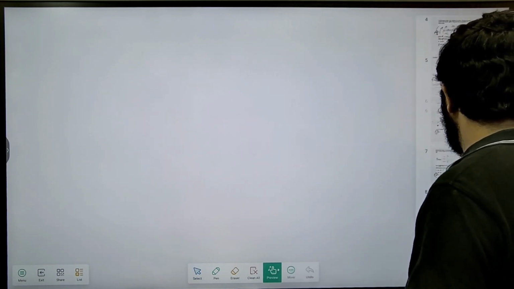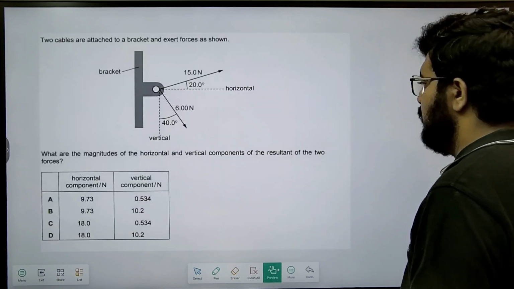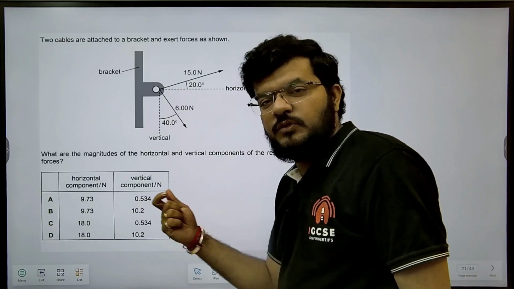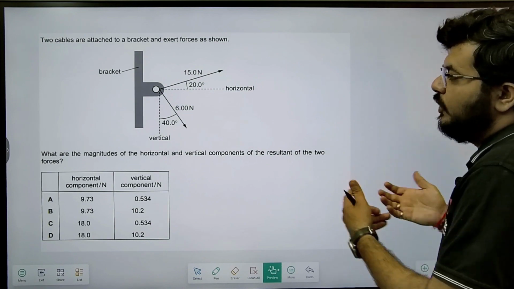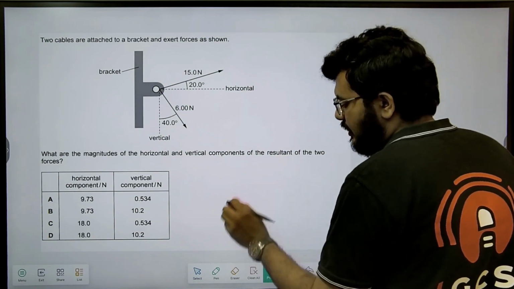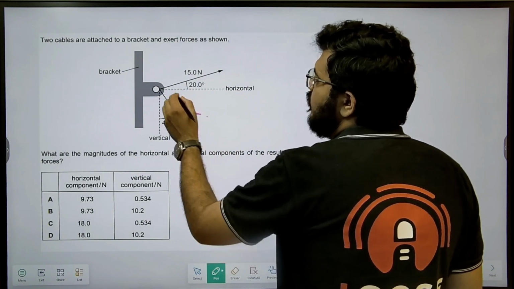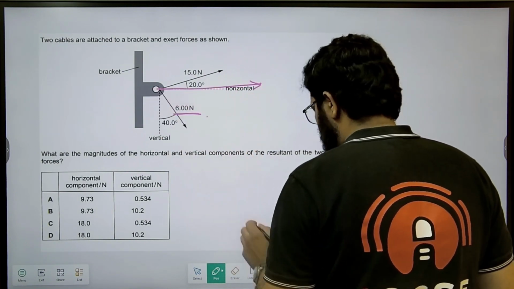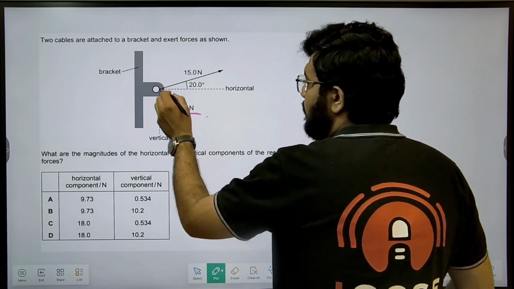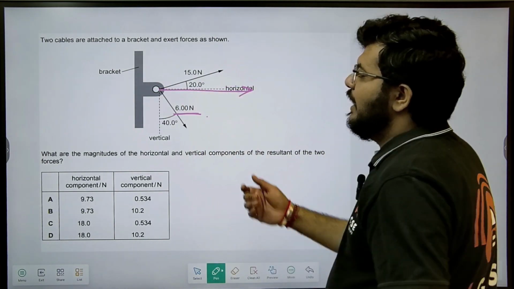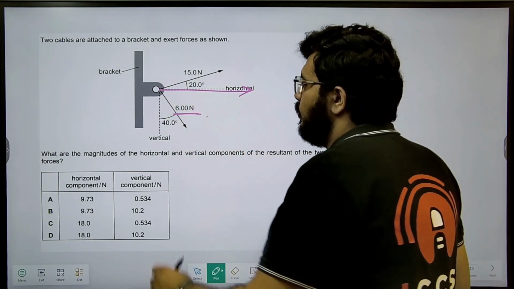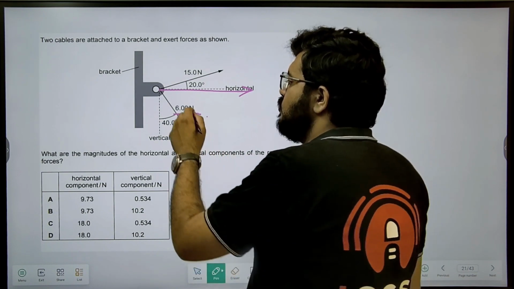Sometimes you get confused as to which component should you take. So simply remember it like this. So this is 6 Newton. I want to find horizontal components. So in this direction, right? What I'll do, I'll find the angle of this force to this component. Most of the times you can.